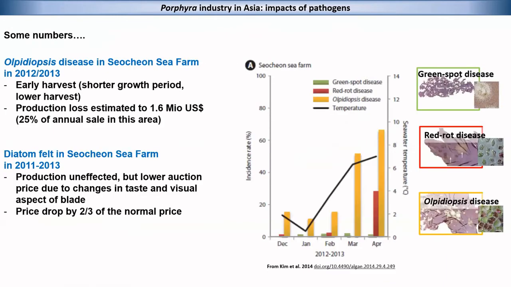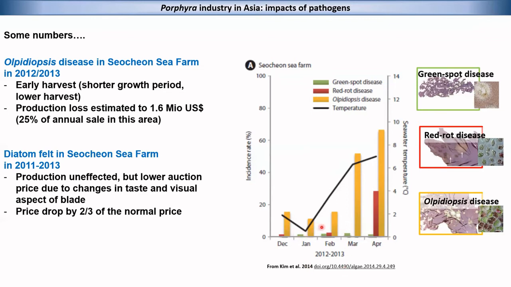So the impacts of those pathogens on the aquaculture production of algae was recently quantified in a major seaweed farm in Korea. Here I show you a graph, and you can see the incidence rate for the three major diseases: the green spot disease, the red rot disease, and the Pediopsis disease during the cultivation period of 2012 and 2013.